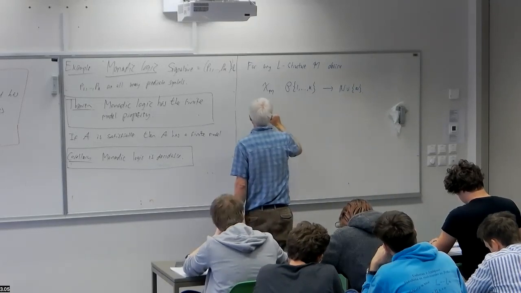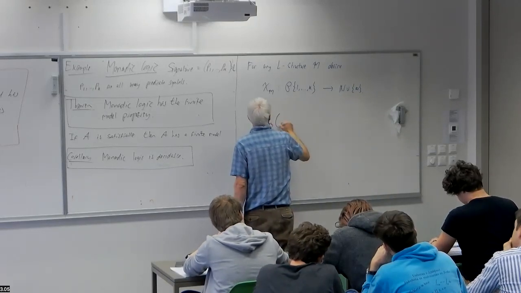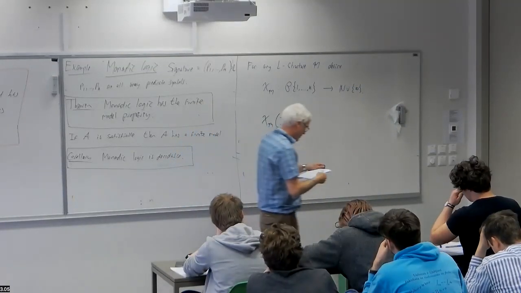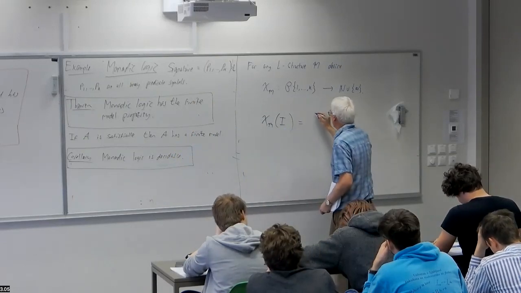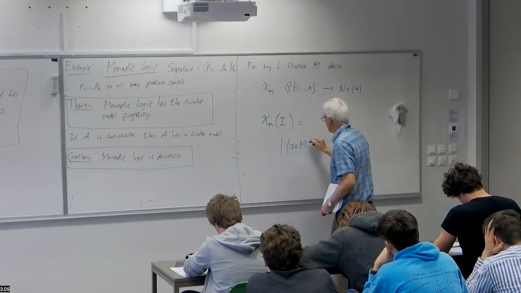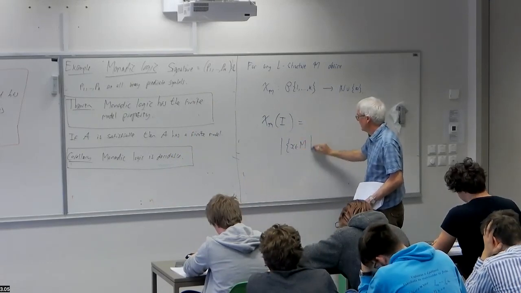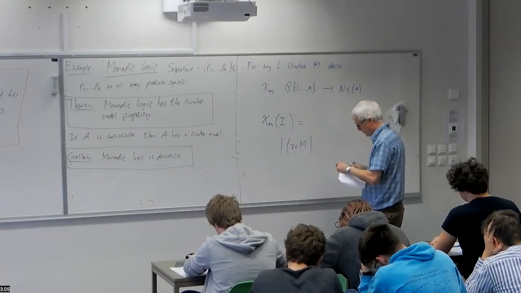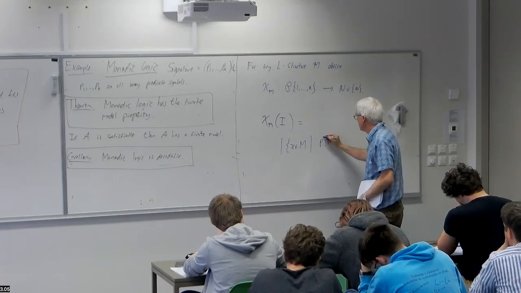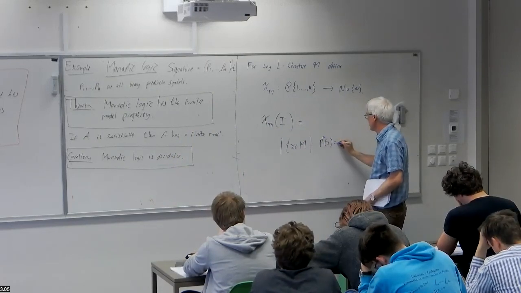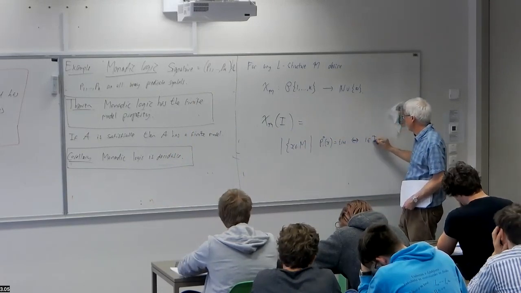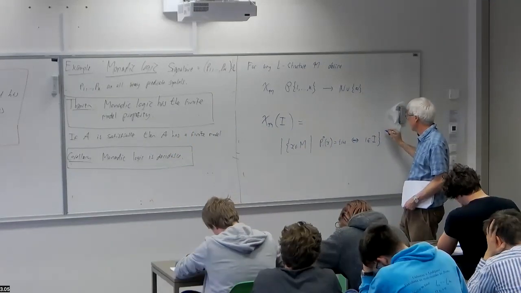And the definition is: the characteristic function of M applied to a set I of indices of predicate symbols is simply the size of the set of x belonging to the underlying set of the structure M, such that the predicate symbol P_i interpreted in M applied to x is true if and only if i belongs to the index set I.